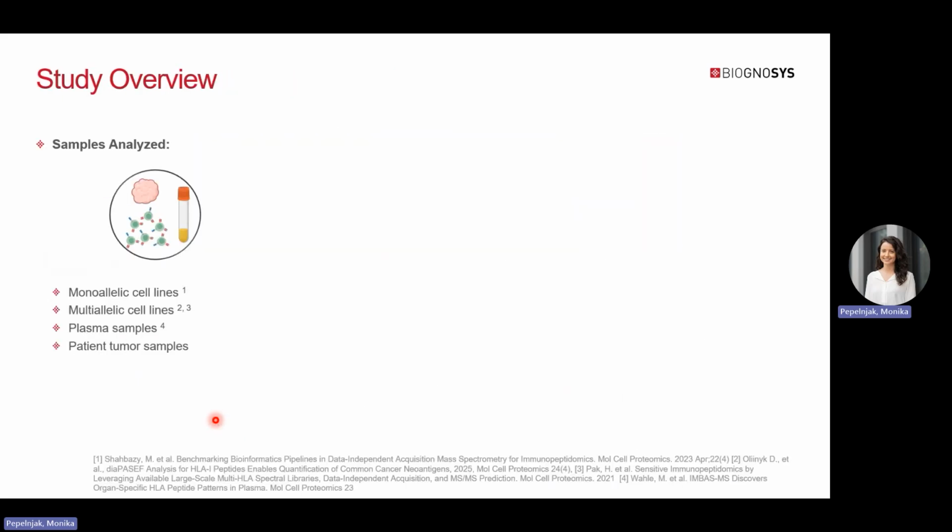To test this, we collected a wide variety of publicly available and our internal samples, ranging in complexity from monoallelic to multiallelic cell lines, plasma samples, and patient tumor samples. We analyzed several datasets, but I will only focus on a few key results today.